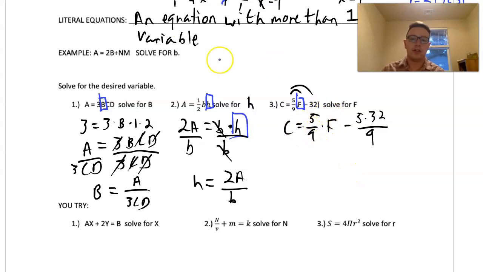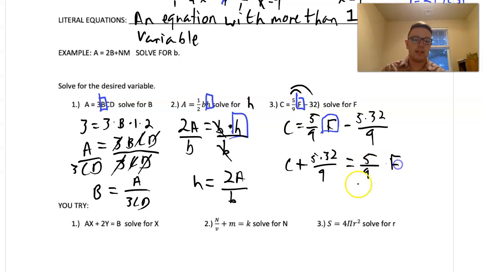Well, to solve for f, we would need to get rid of this 5 times 32 over 9. So we need to add that over to the other side. We get c plus 5 times 32 over 9, and that'll be equal to 5/9 times f.